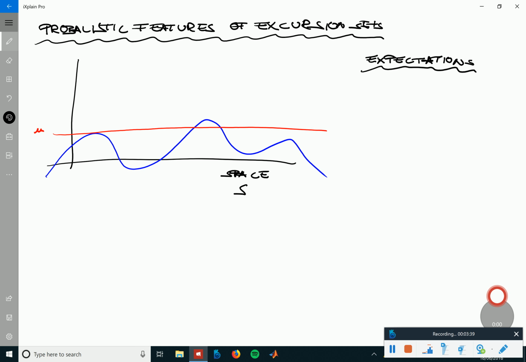So we first looked at a random variable which represents the volume of the excursion set.